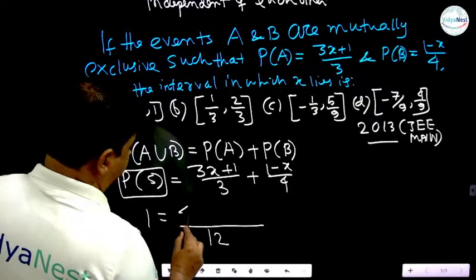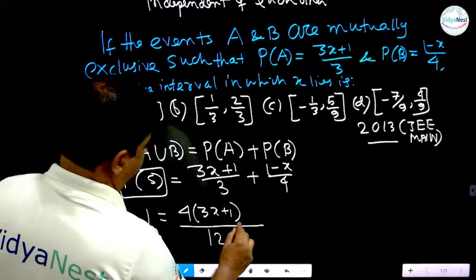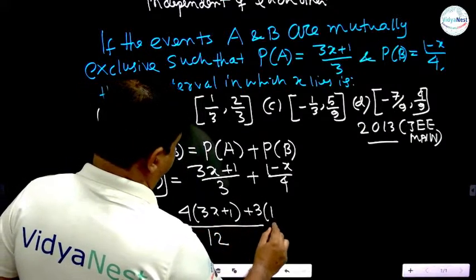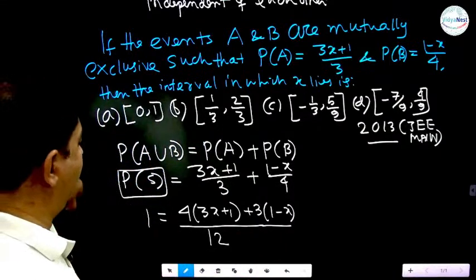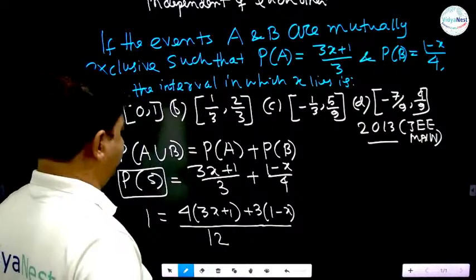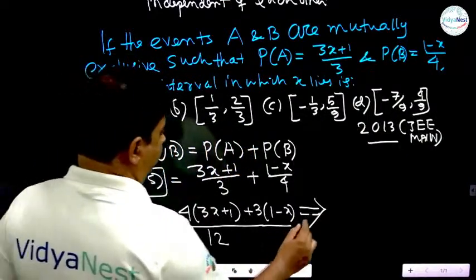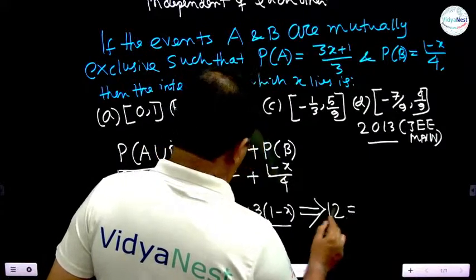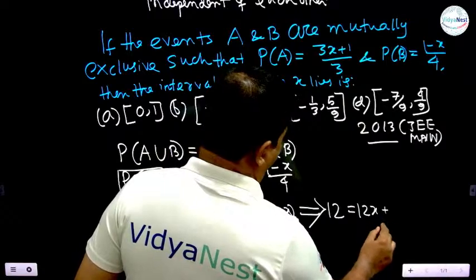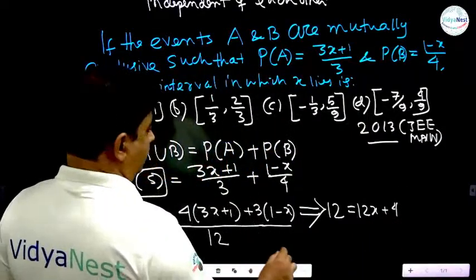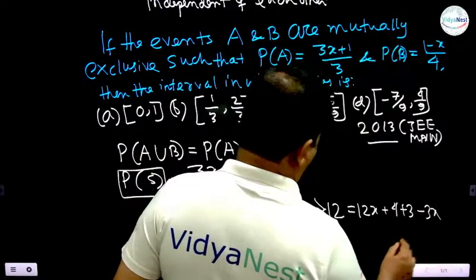Now we have nothing but to cross multiply. See the outcome: 12x plus 4 plus 3 minus 3x.